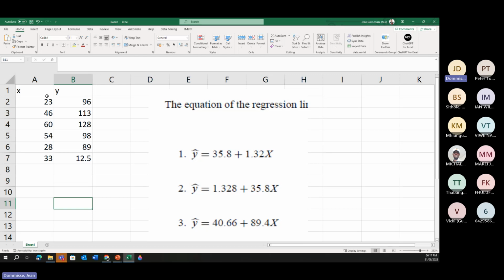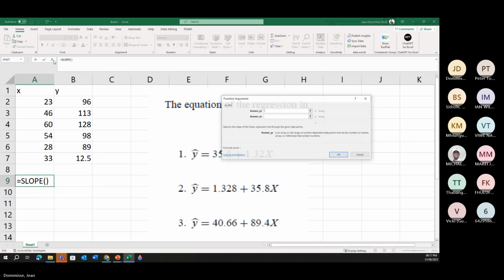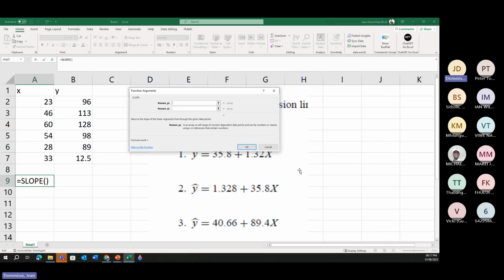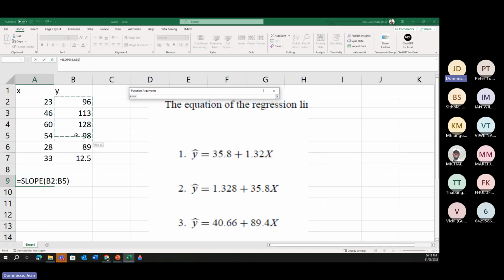Okay, so in Excel, again, there are nice formulas. So there's a slope formula, and it's also important to see that they ask us in Excel, what are your known y's?